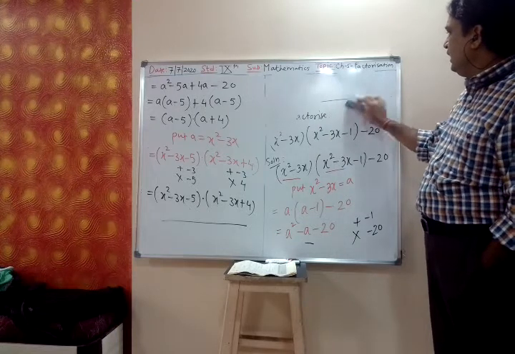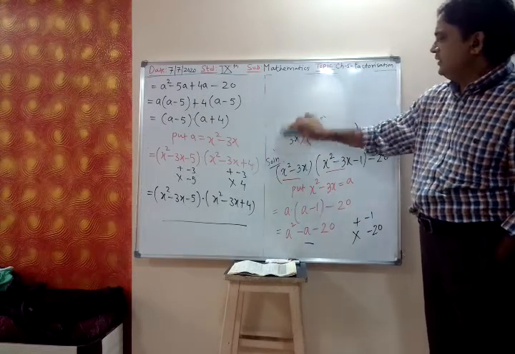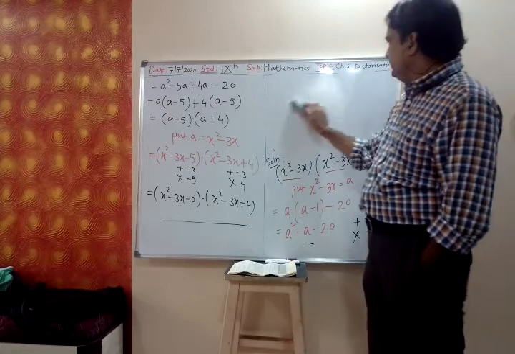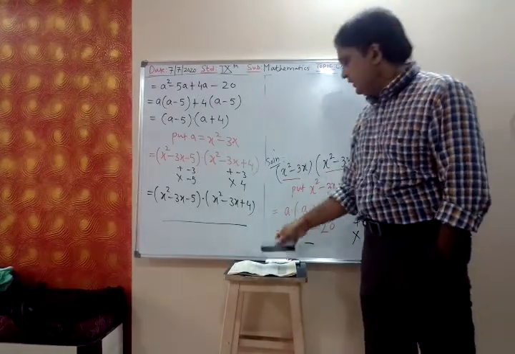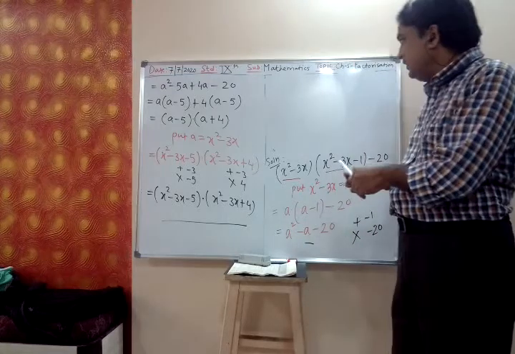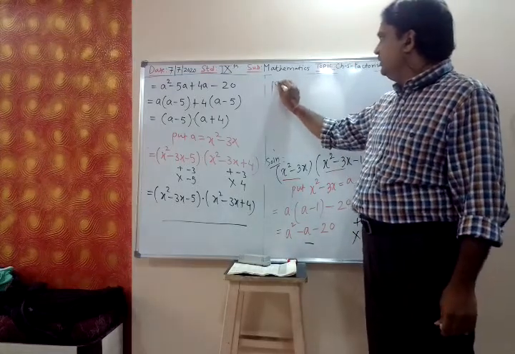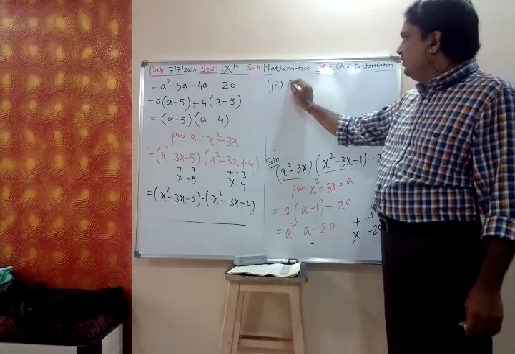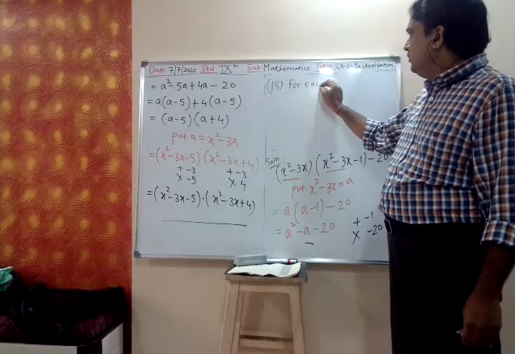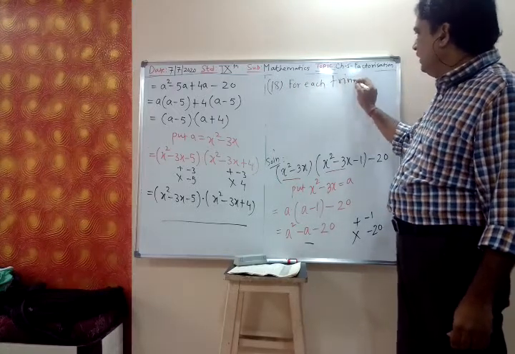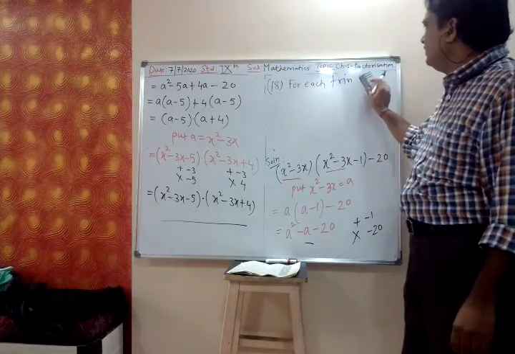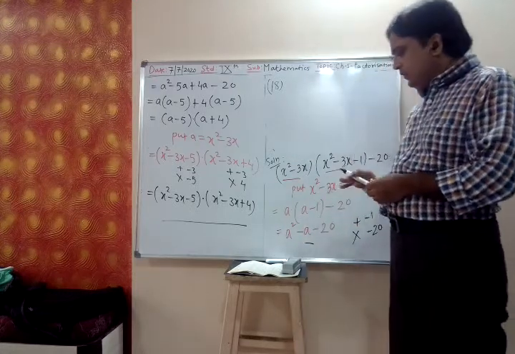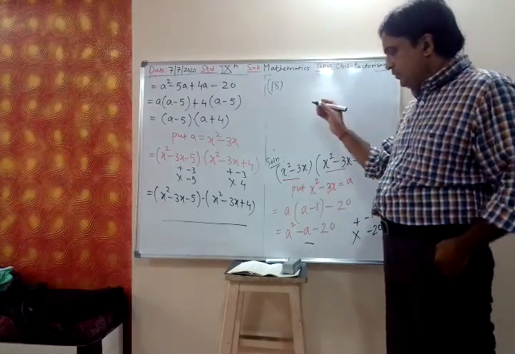One I will solve, others I will give as homework. If the coefficient is not 1, then I have to multiply the first number and the last number. For each trinomial, decide whether it is factorizable or not.